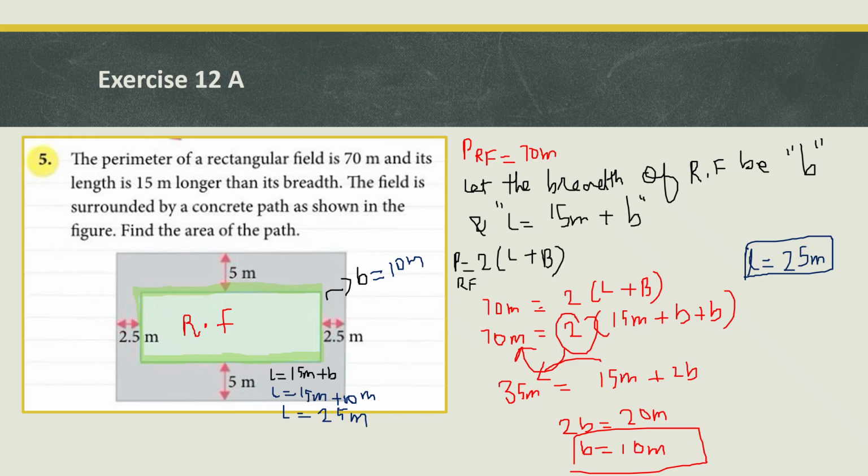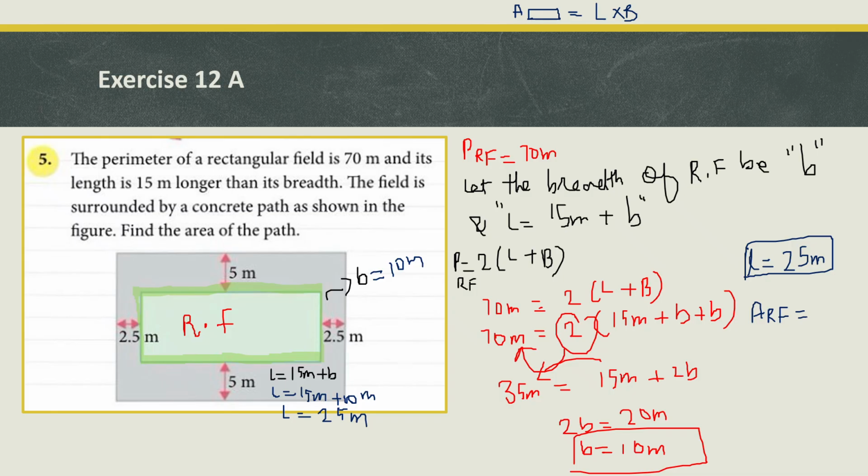Right, now area of a rectangular field is equal to length multiplied by breadth. Area of a rectangle is length multiplied by breadth.